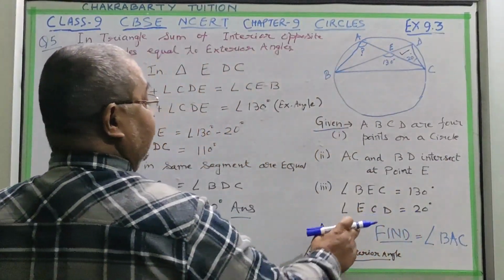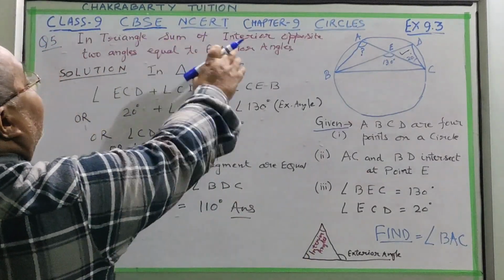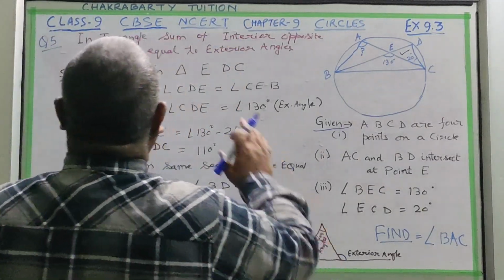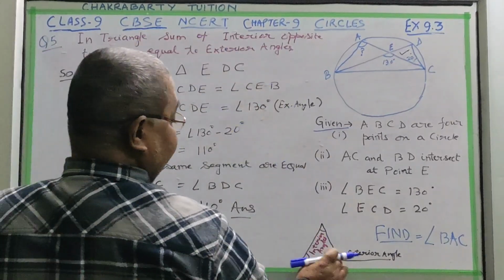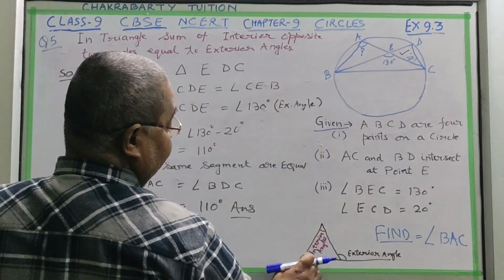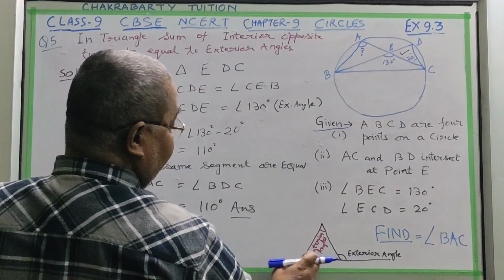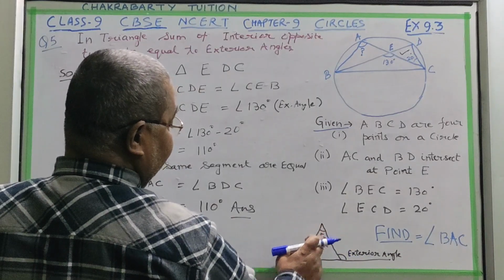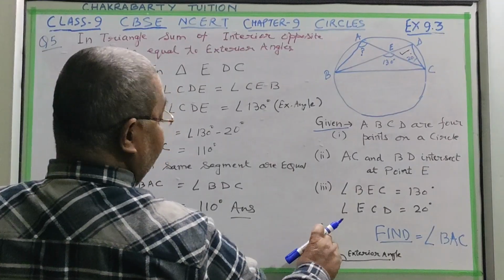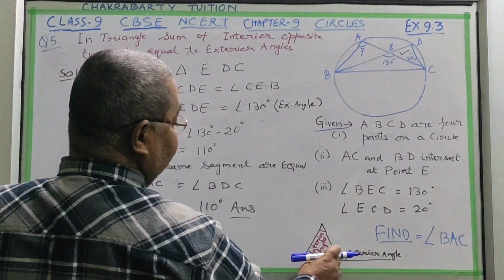So this is given. Now here we know one property of the triangle. What does it say? In a triangle, the sum of the interior opposite angles, suppose this is the exterior angle and these are its two opposite angles. If you take the sum of them, what remains? Only this portion will remain.